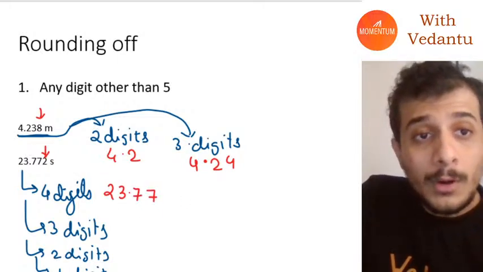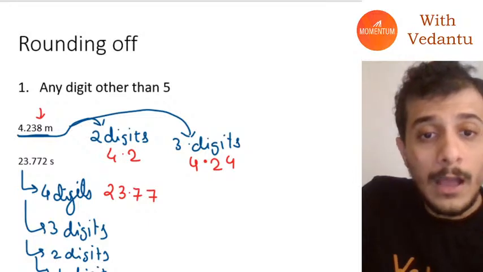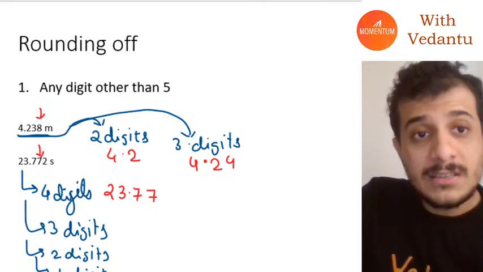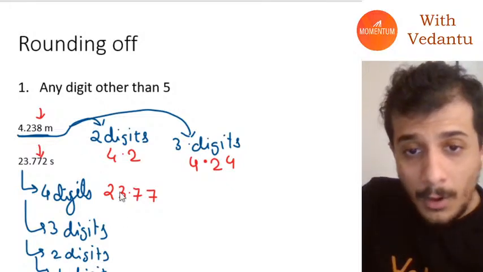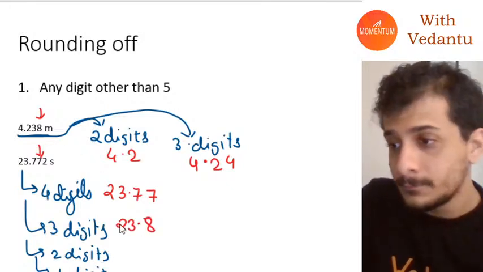23.77. If you want to round it off to 3 digits, you have to look at the fourth number, which is 7. So this will become 23.8.